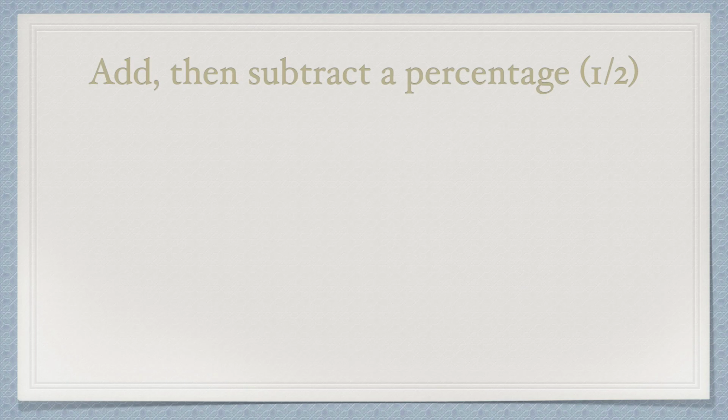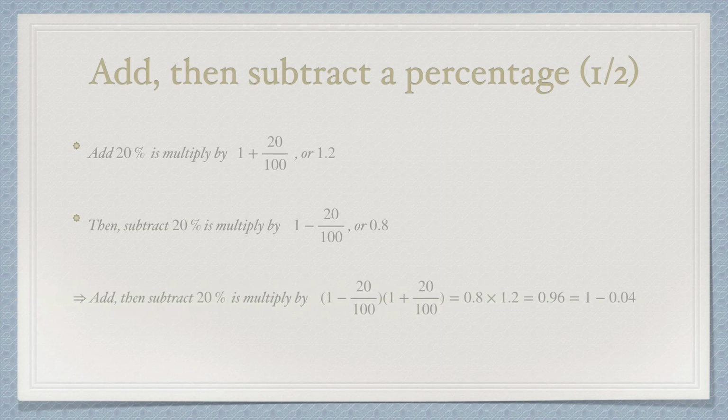But the addition and the subtraction of a given percentage are not reciprocal to each other. Let's see what happens when we add and subtract 20%. If we add 20%, we multiply by 1 plus 20 over 100 or 1.2. And then if we subtract 20%, we multiply the result by 1 minus 20 over 100 or 0.8.